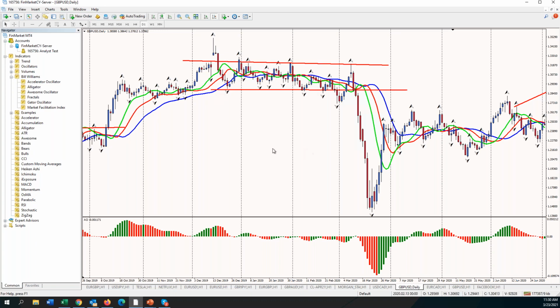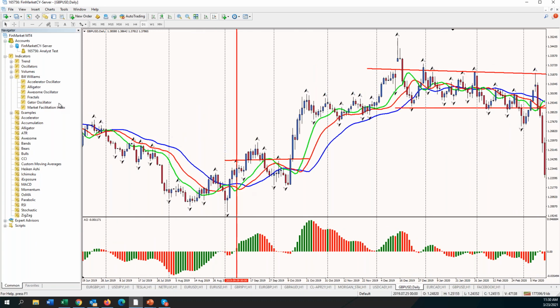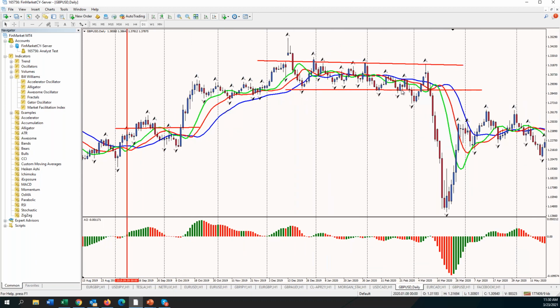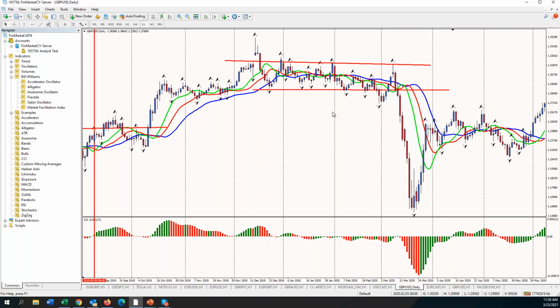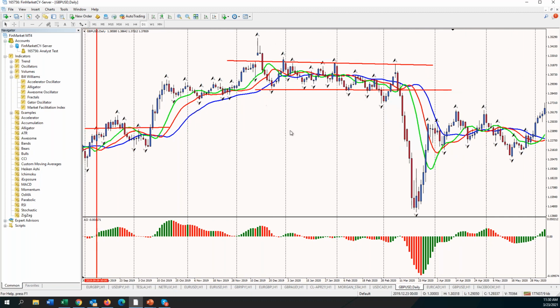When you see sunny days like this, you just ride the trend. You don't need to go into clouded days like that, because it's going to get you in trouble. Getting into this psychological chaos is going to break your psychology. And believe me, when your emotions kick in, your technical analysis goes out of the window.